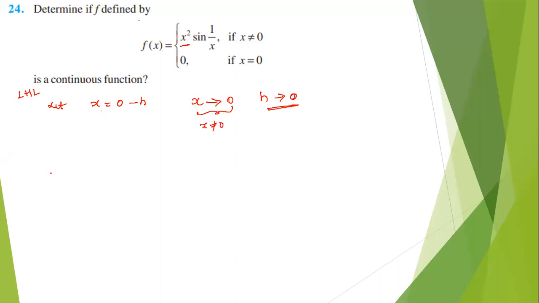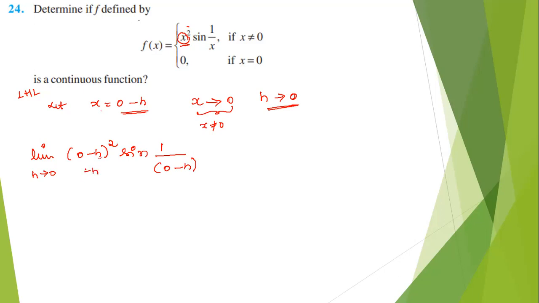Wherever there is x, substitute 0 minus h. So you will get limit h tending to 0, (0 minus h) the whole square, sine 1 by (0 minus h). This one will be positive, right?